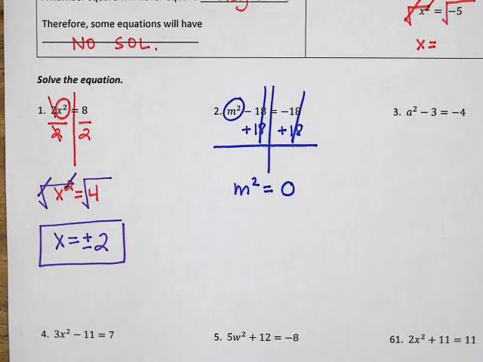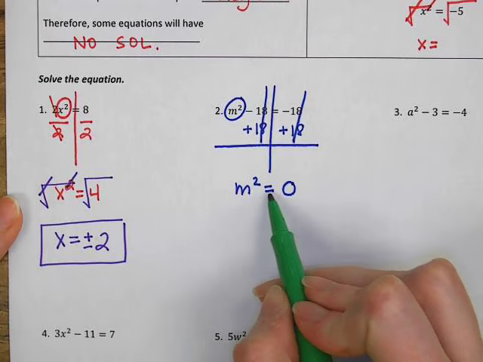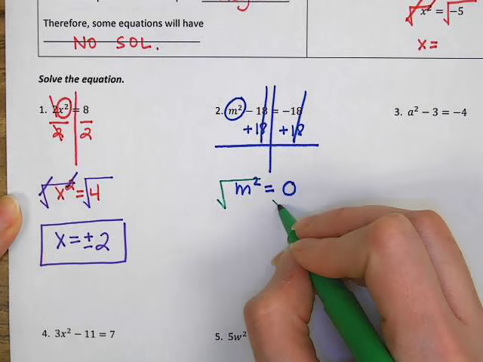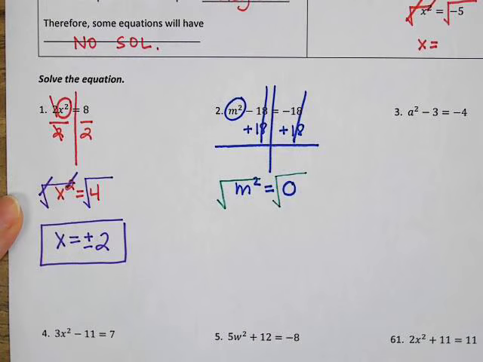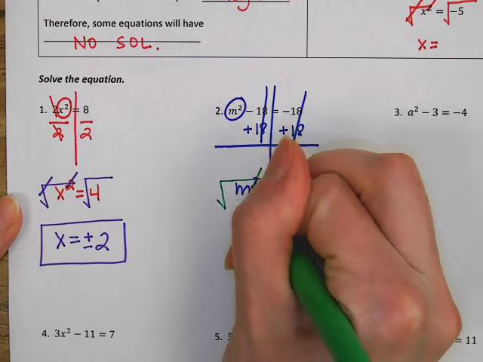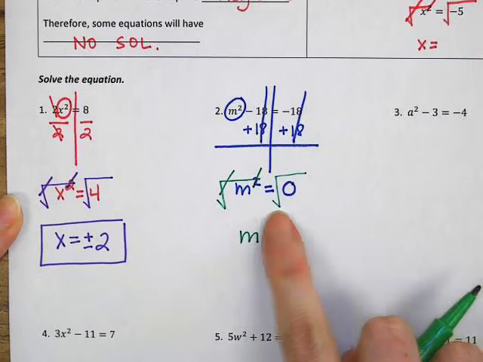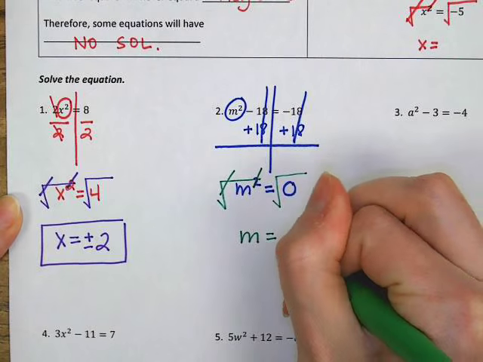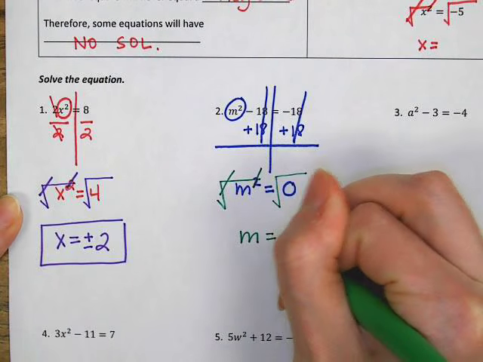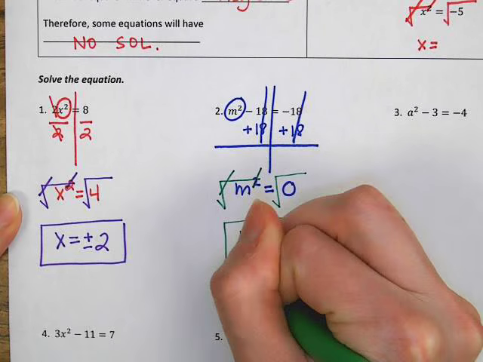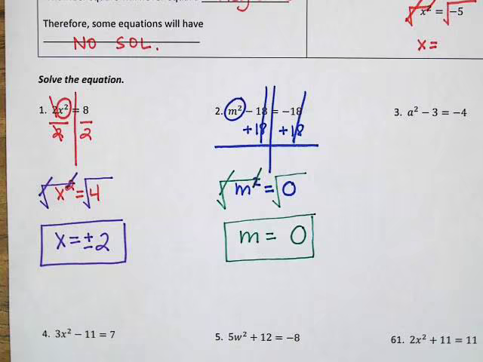To solve, when you have something squared equals a number, you square root both sides. Squaring a square root cancels. You get m equals. Now, the square root of 0 is just 0. And when it's 0, there's no need to put a plus or minus because 0 is just 0. So, just 0.